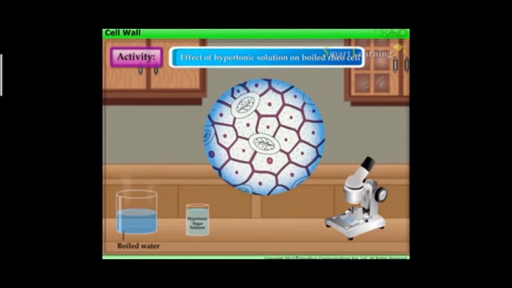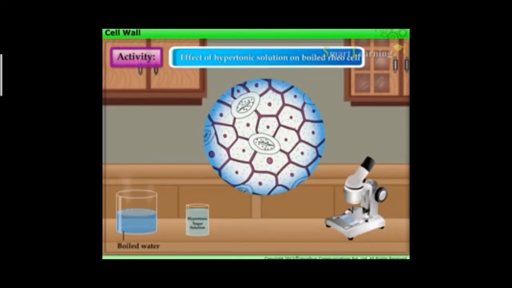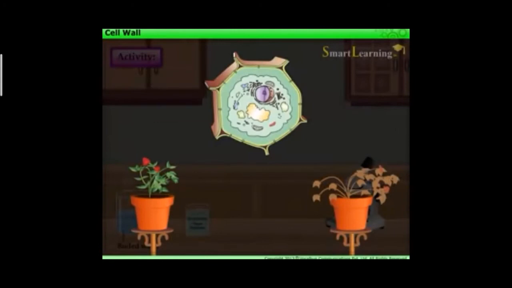You will find that plasmolysis did not appear because boiling kills the cells in the leaf. What do we conclude from this activity? Osmosis takes place only in the living cell, not in the dead cell.